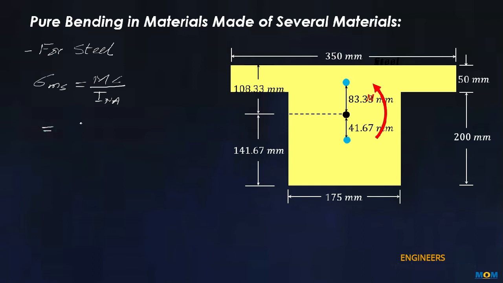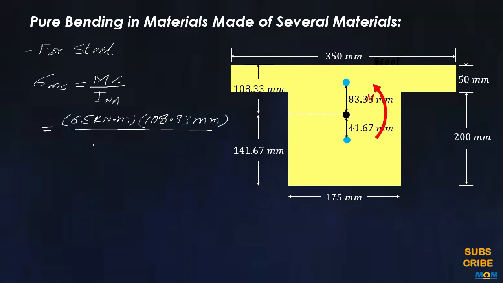We know that the steel is on the upper half of the beam, so M is the same 6.5 kilonewton meter, multiplied by the distance from the centroid to the upper end, that is 108.33 millimeter, upon the moment of inertia, 247.908 10 raised power minus 6 m4.